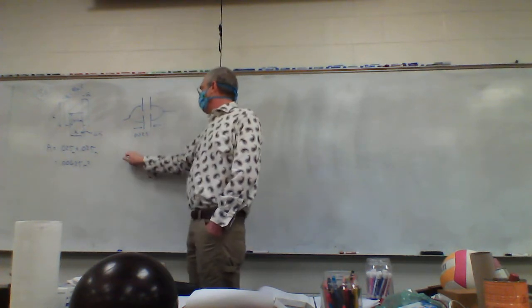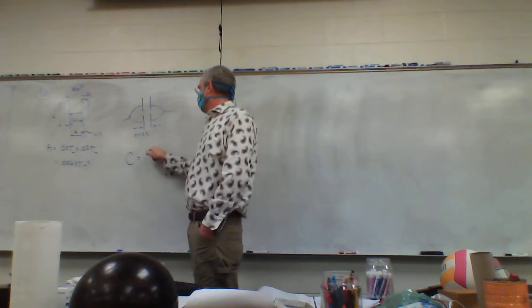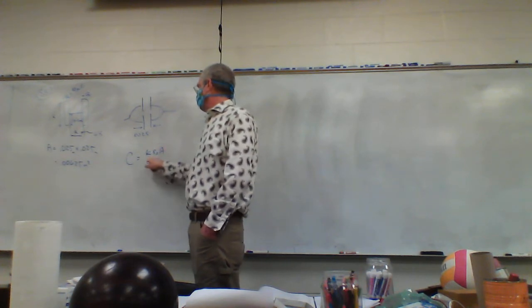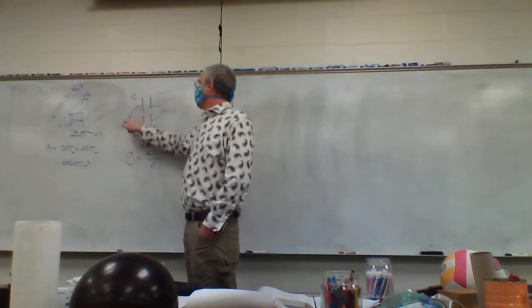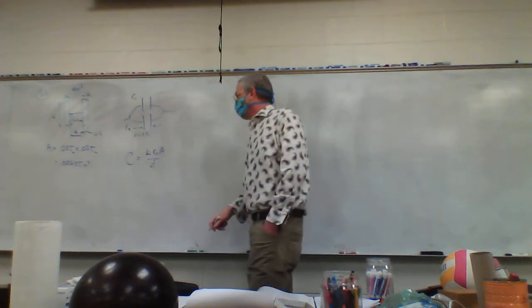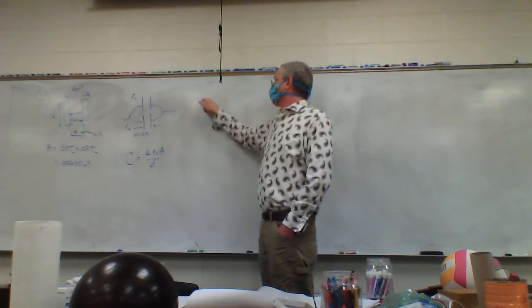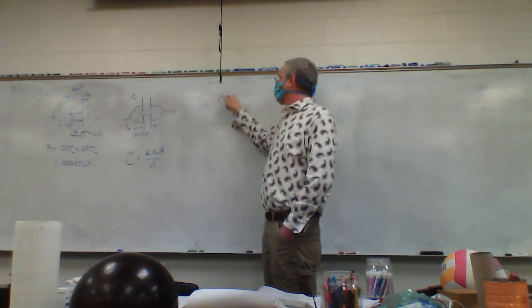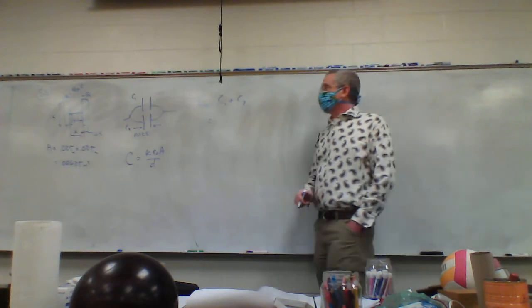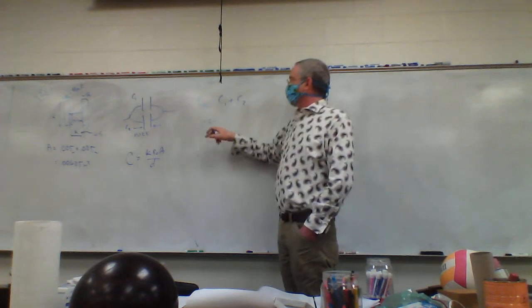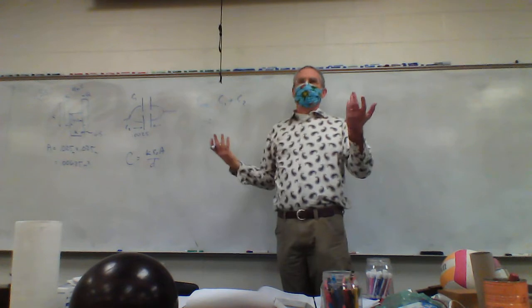I know the capacitance is equal to kappa epsilon sub naught A over d. So if I treat this as capacitor 1 and capacitor 2, I know my equivalent capacitance is capacitor 1 plus capacitor 2, because they're in parallel. The first one has a kappa of close enough to 1.